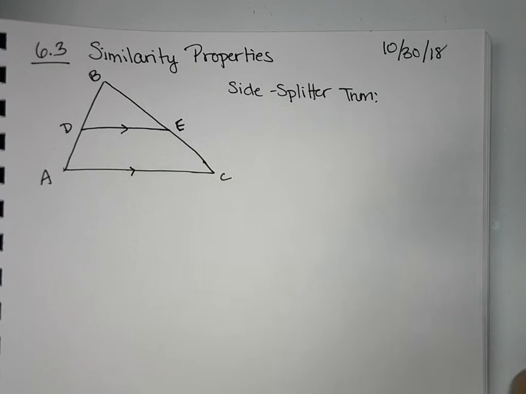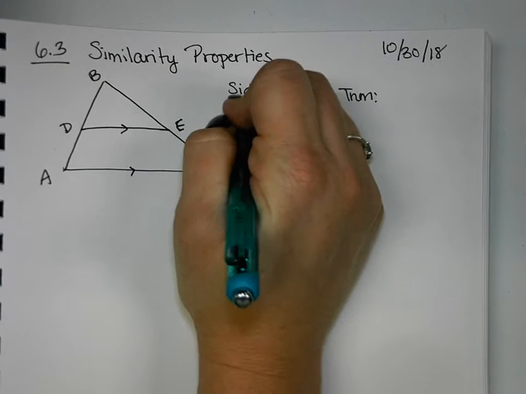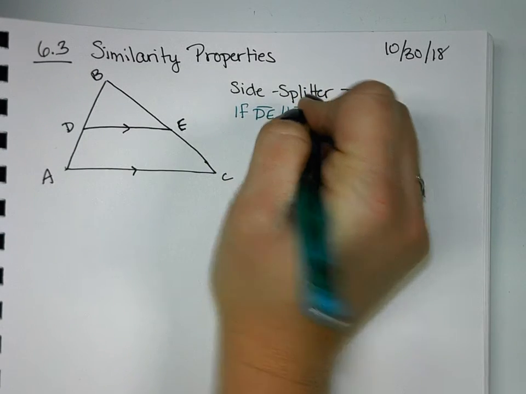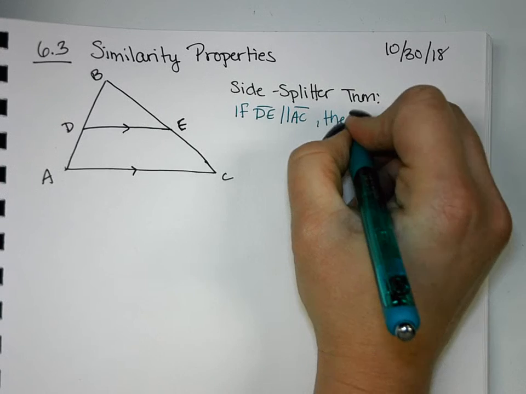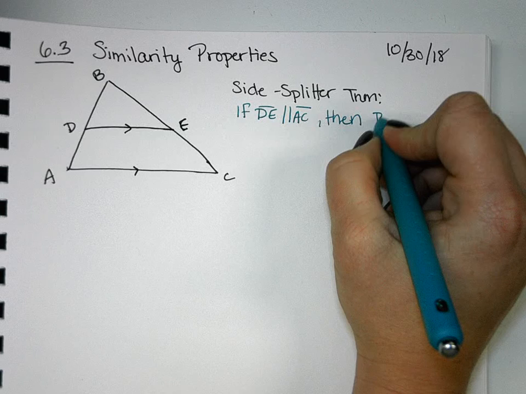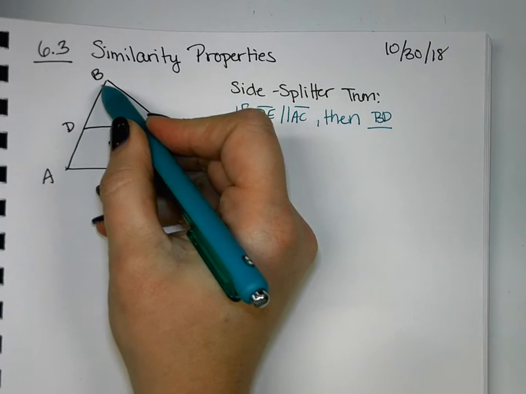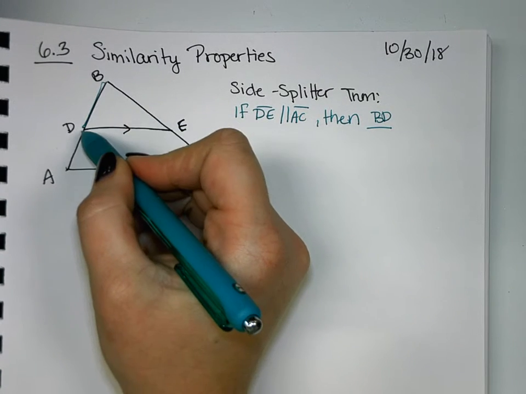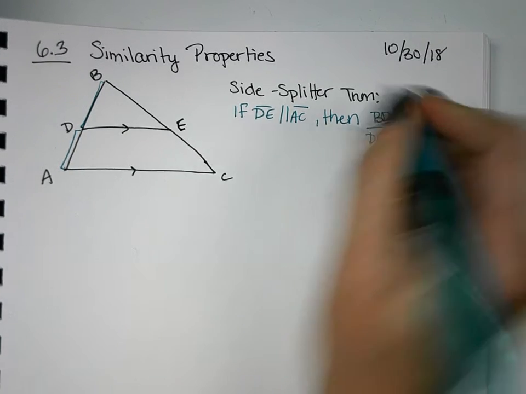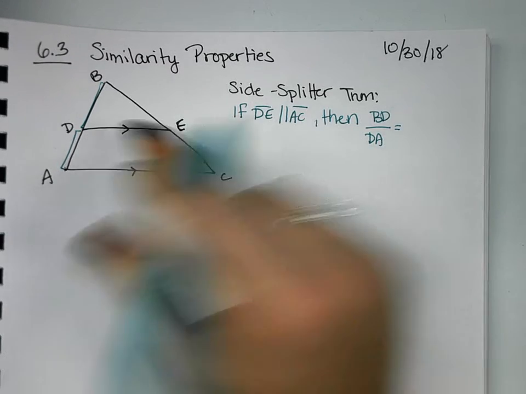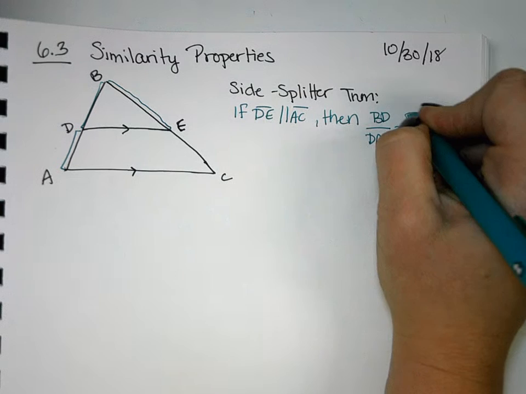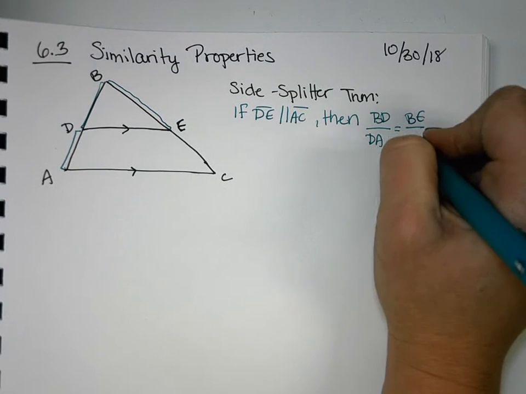So what this theorem says is that if you know DE is parallel to AC, then you can say that side BD divided by, so taking this side here, you can put it over just this part DA. So part over part would equal BE over EC.